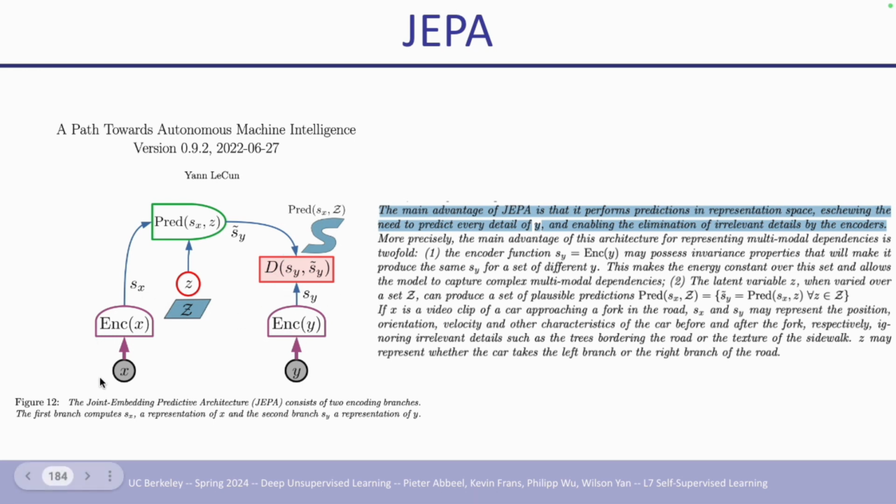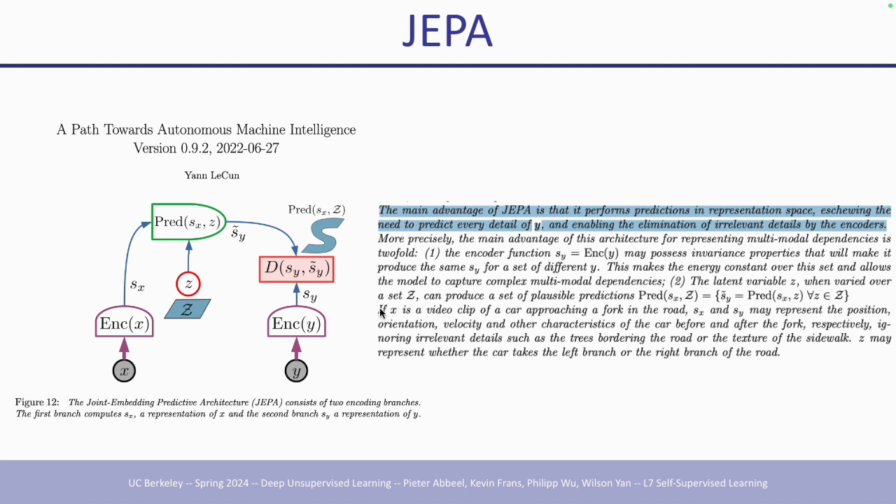So we pass both our X and our Y into some latent space, and then we try to predict the latent space version of Y from the latent space version of X.